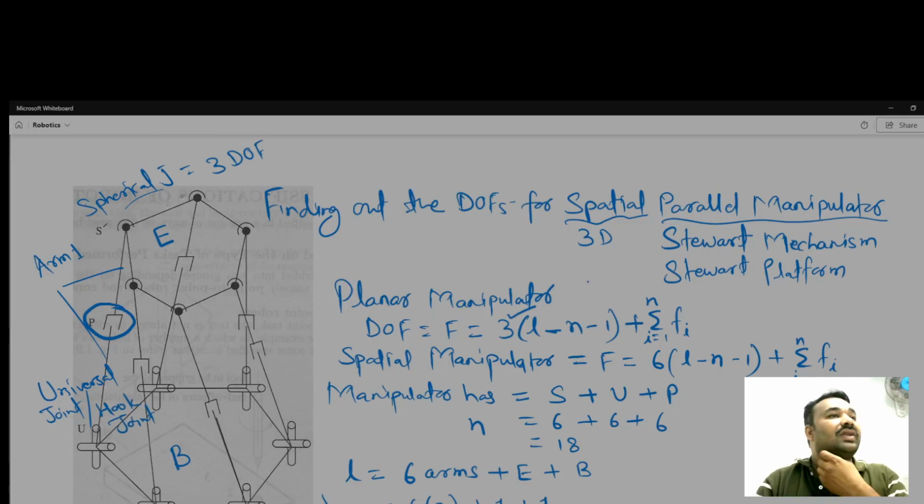In this way we can get the degrees of freedom.